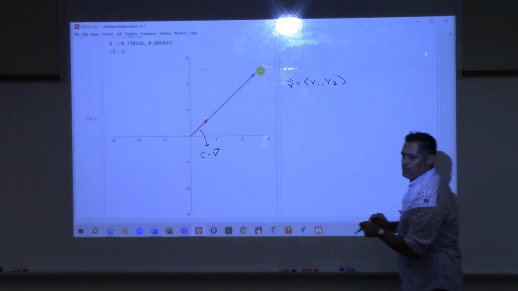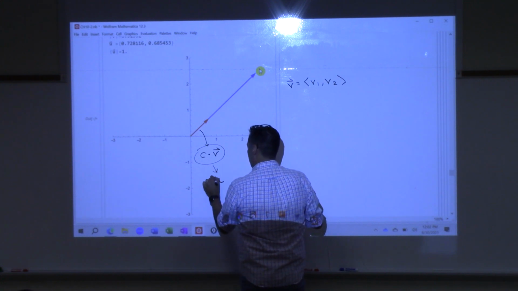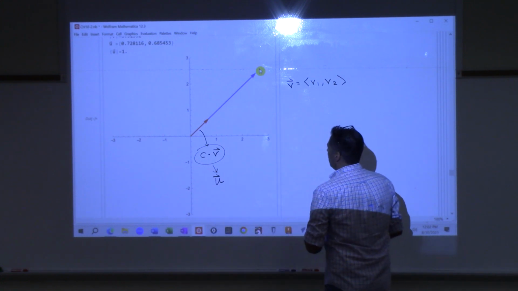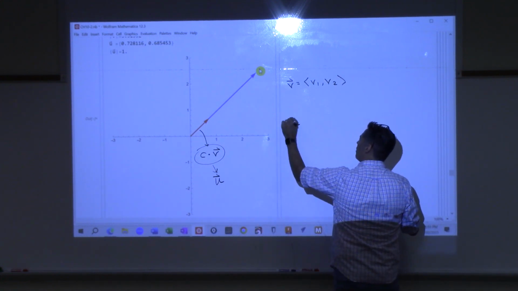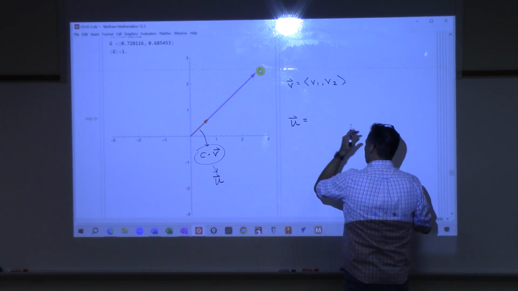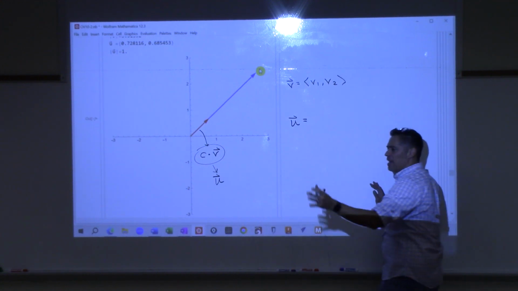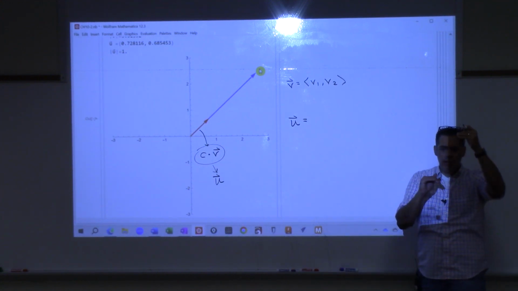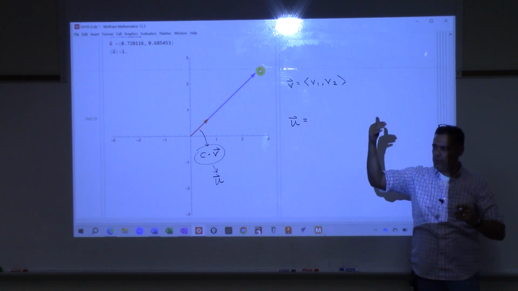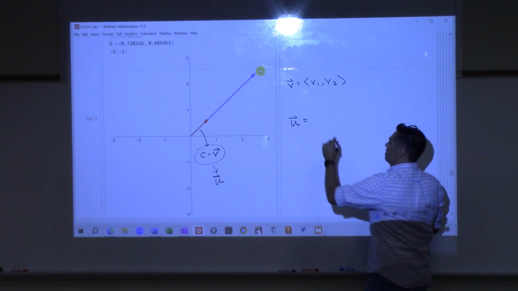So to find this unit vector, let's call it u for unit vector, this unit vector that points in the same direction should be, how do I say that? I want to scale it by 1 over its length. Like we said, if it was 10 units long, we want to divide by 10. So I'm going to write it this way.